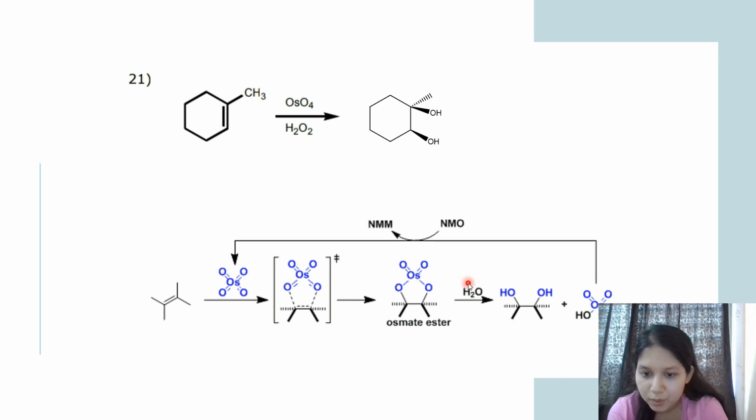On this side C-O bond also you will get a similar result. The water molecule will attack on the osmium, which will lead to the breaking of this osmium oxygen bond, just like this case.